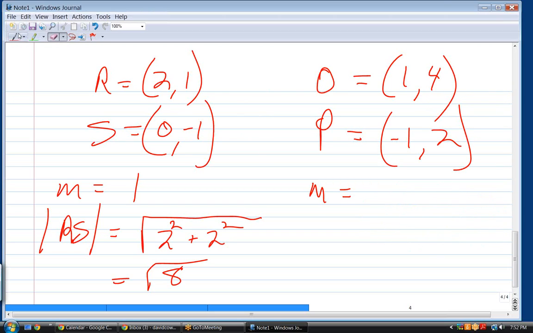And then what do you get for the magnitude of OP? Square root of 2 squared plus 2 squared. Yep, square root of 8. And even though that's not simplified, probably in this case we don't need to, since their directions were just to prove that it's the same vector. Or how did they put it?